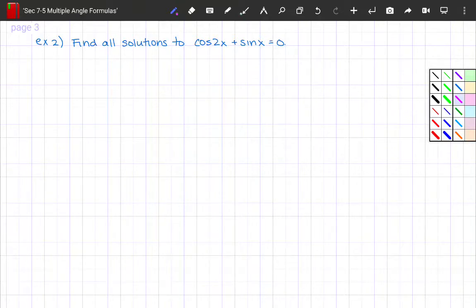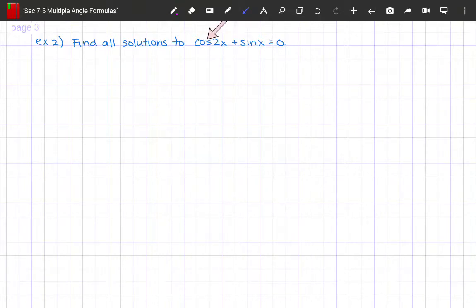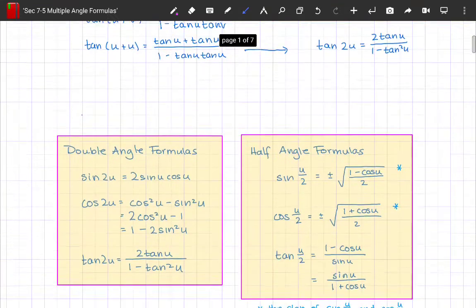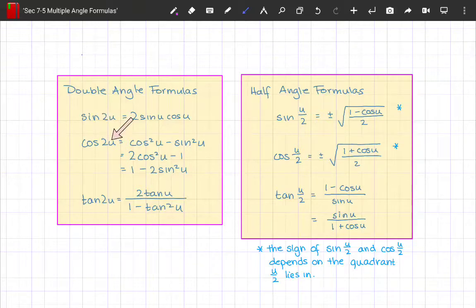Now remember, cosine of 2x, that's the one with 3 different versions. And if you think about this formula, the other term has a sine. I'm going to scroll back up here for a second. So cosine 2u has these 3 versions. Let's use this version because it also will put us all in terms of sine.